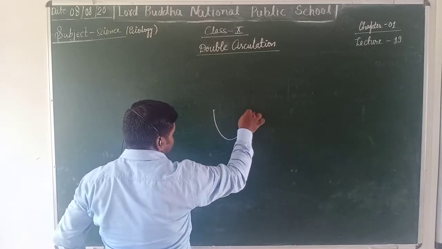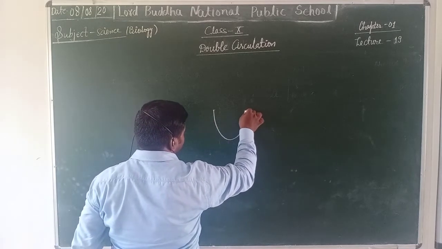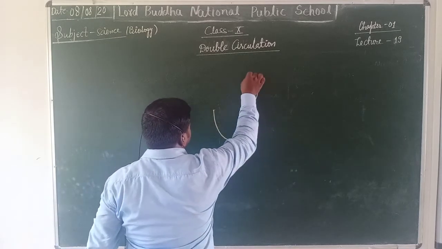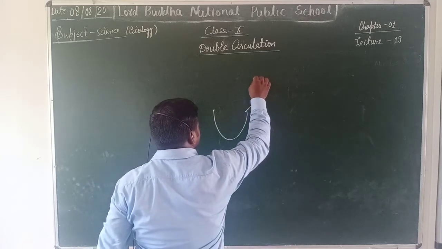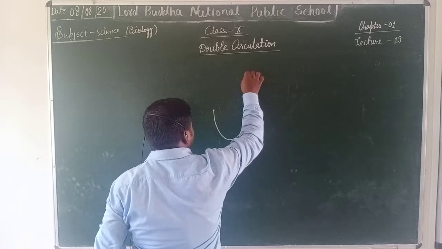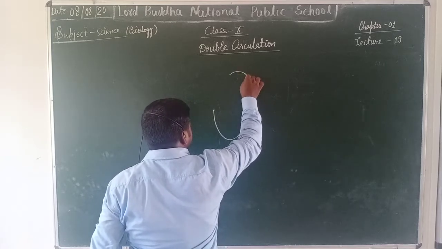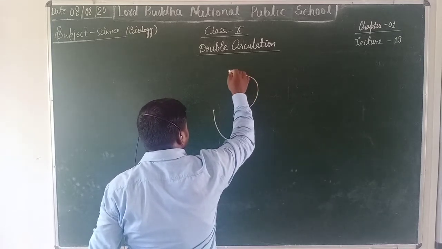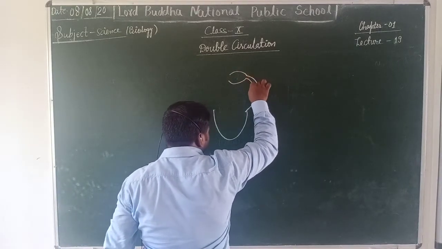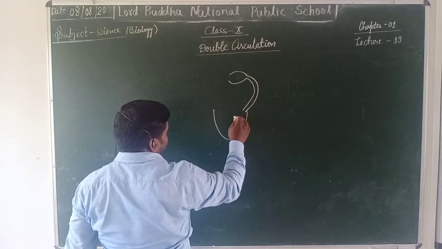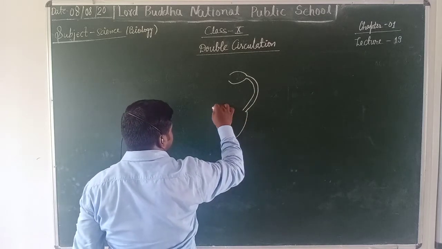Yes students, this is our heart. And from there the blood is going to, you can say, incoming from the lungs, the oxygenated blood, incoming from the lungs.